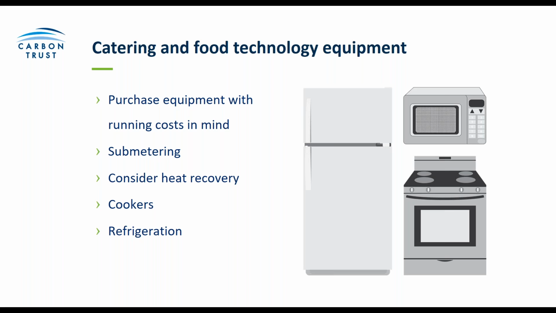First thing would be to make sure, if you are purchasing any new equipment, that you do factor in the running cost of that equipment when you are looking at the investment. So does, for example, spending a little bit more money up front on a higher spec model of, say, a fridge freezer, actually make sense if you look at the lifetime running cost of that product?